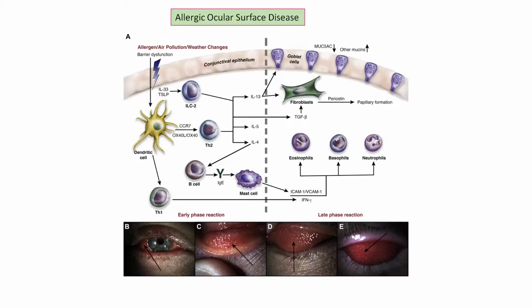When the barrier is disrupted, allergens gain access to antigen-presenting cells and dendritic cells, which release certain cytokines and chemokines, causing differentiation of Th2 cells, and a part of the inflammatory cascade is mediated by Th1 cells as well.